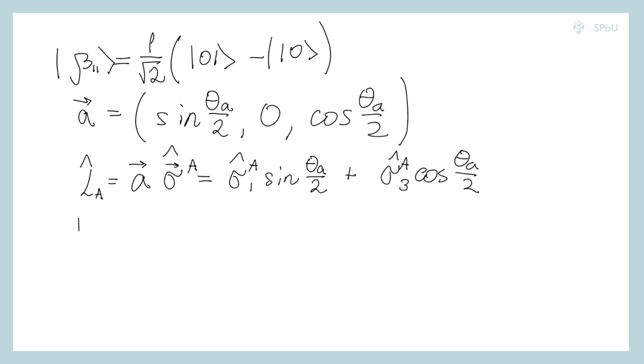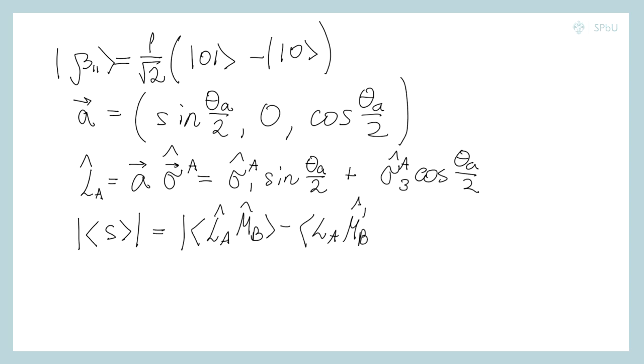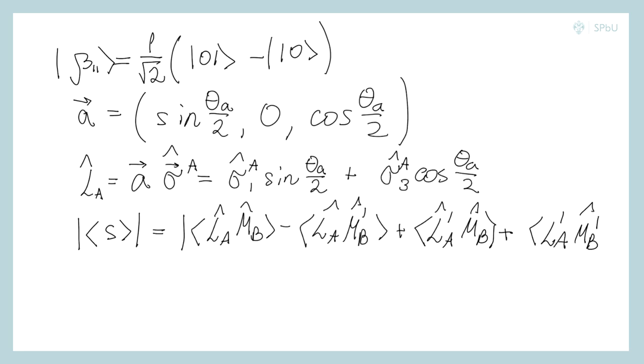And we have the magnitude of averaged S equals the following construction: LA hat MB hat minus LA MB prime plus LA prime MB and plus LA prime MB prime, with hats. Let's mark this expression with a star.